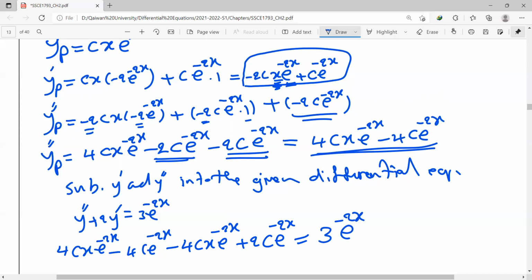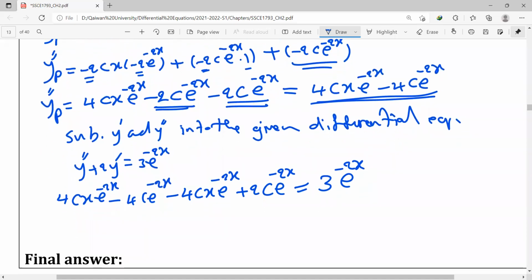We just replace y prime and y double prime by the values here. But in the equation, we have 2 times y prime. That means we are going to multiply all terms in y prime by 2. These two are going to be cancelled out. What's left? We get minus 2c e to the power minus 2x. These two are similar.